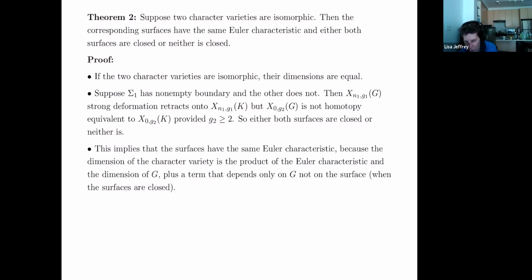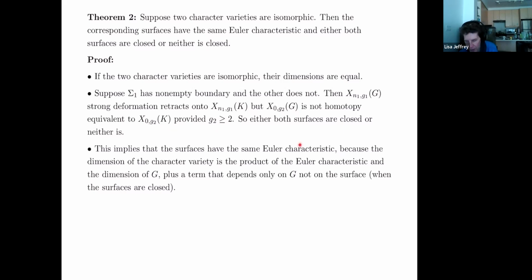let's introduce K to be the maximal compact of G. Then this thing is not homotopy equivalent to the retraction of the character variety into K, as long as the genus is bigger than or equal to 2. So either both surfaces are closed or neither is.